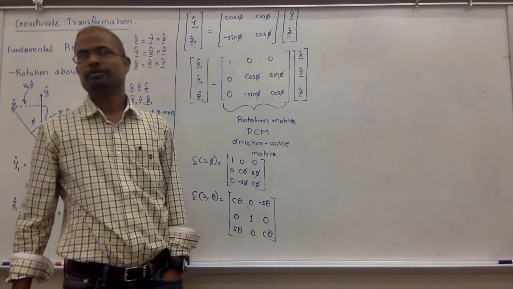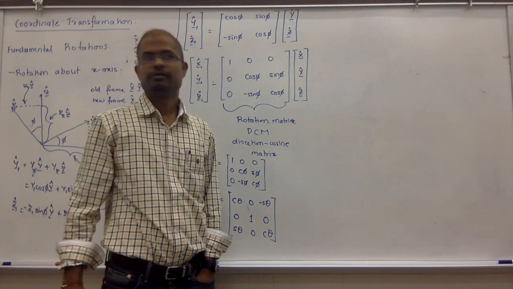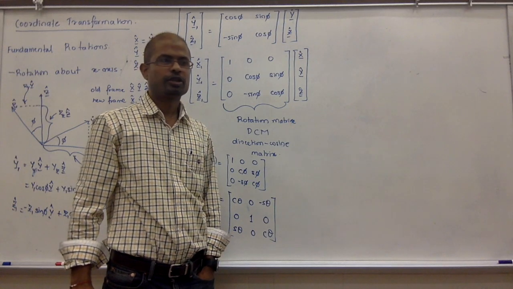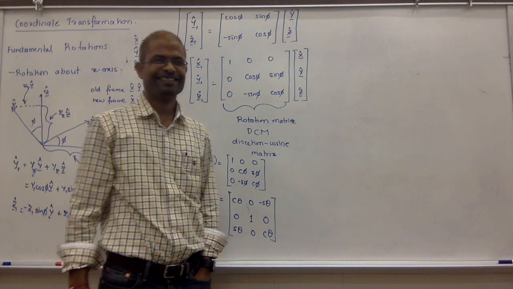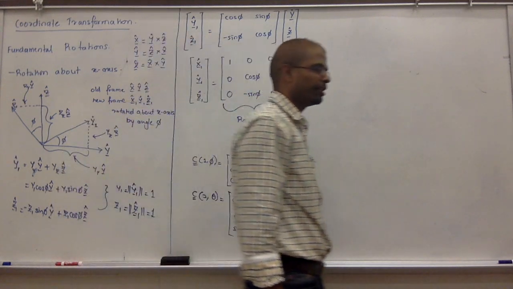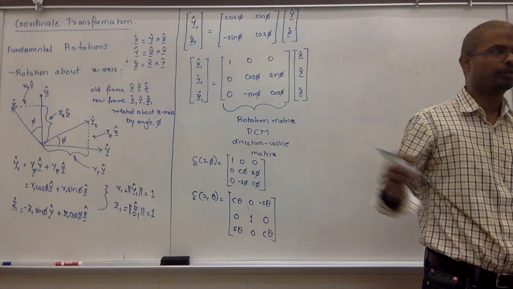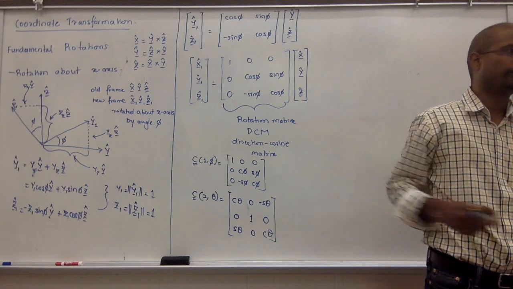Is there ever a time that we use a sine matrix, direction sine matrix? No, we stick to direction cosine. I'll tell you separately if you want to really know why it is called a direction cosine.